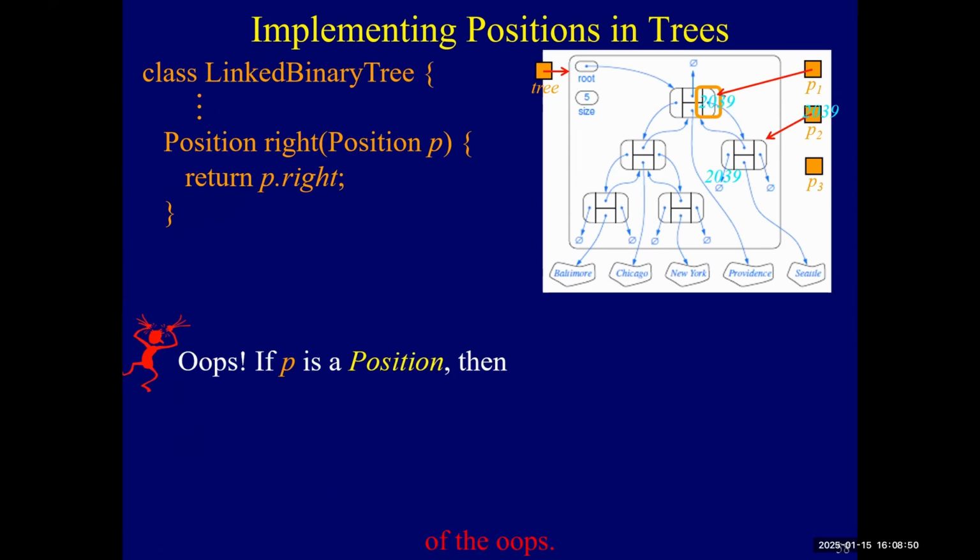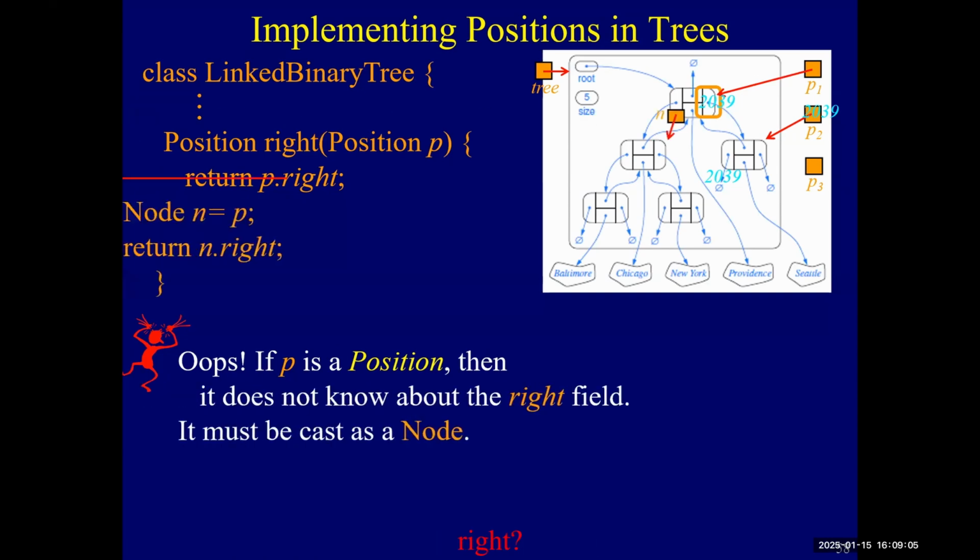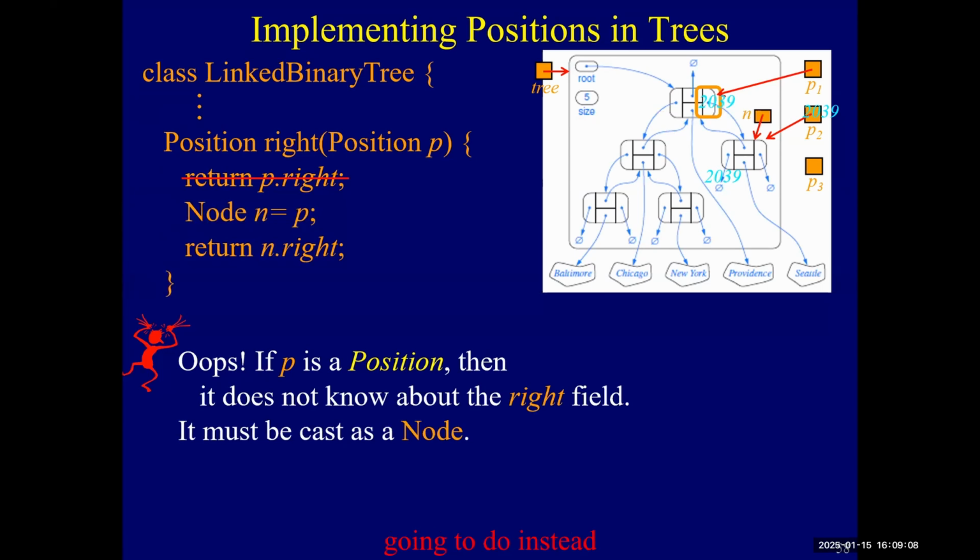So here's sort of the oops. The oops is that P is of type position, and position doesn't have a right field, right? So you have to do something to cast it. What we're going to do instead is, the value P1, which is pointing to the root node, is a position, so it gets copied into P, which is a position.